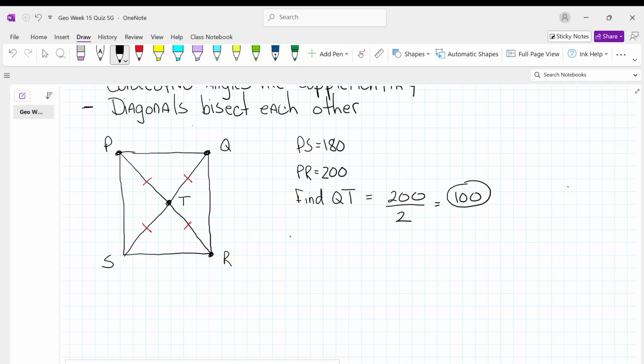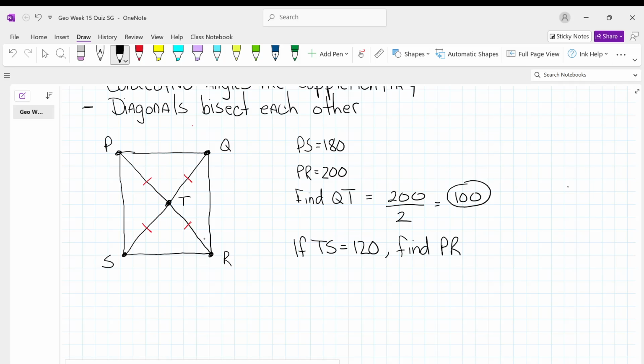We got a question there. If T to S equals 120, find PR. So T to S, again, right here, they're telling us that's 120.